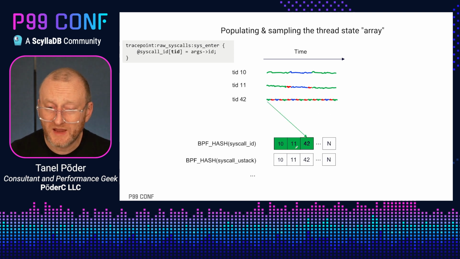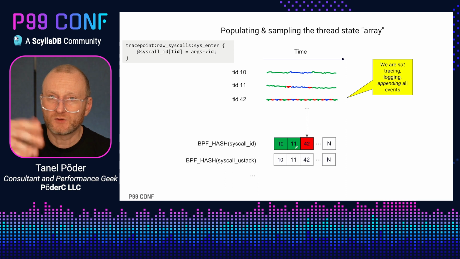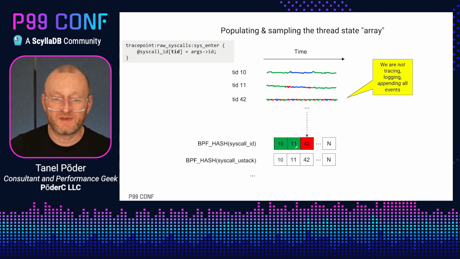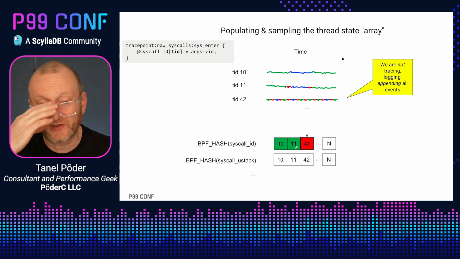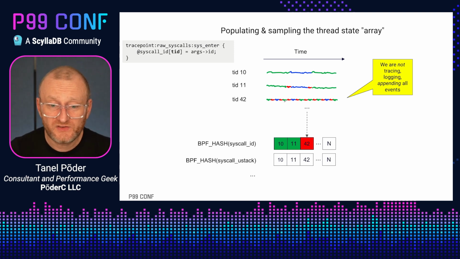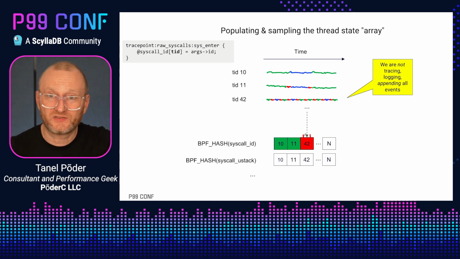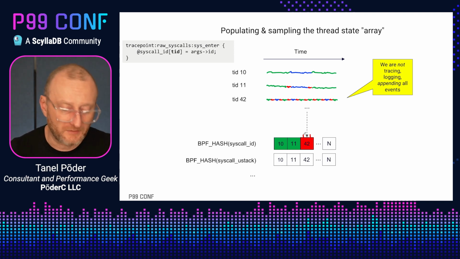And you may also see that maybe there is some thread who does a lot of system calls, very frequent events, maybe 100,000 system calls per second or whatnot, right? This is not a problem for us, because all we do is update this slot here, which is probably in the CPU cache, as many times as we need, for every system call.